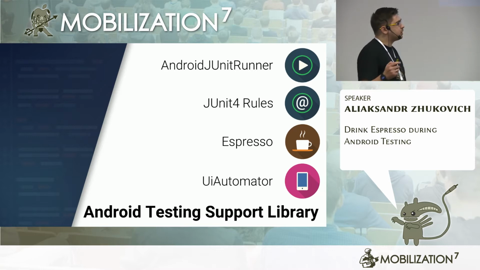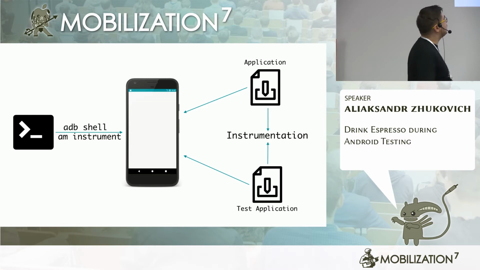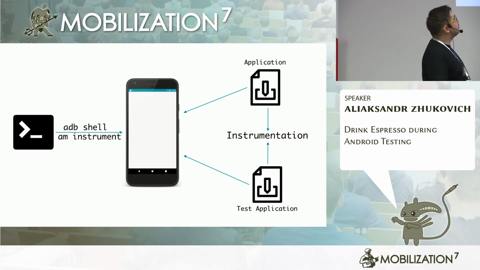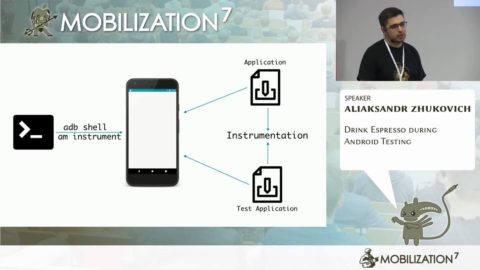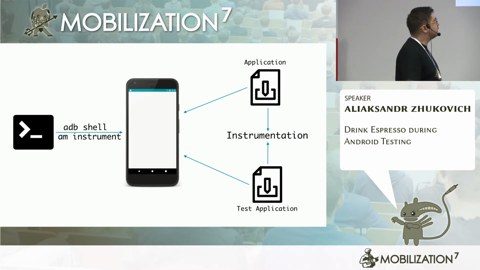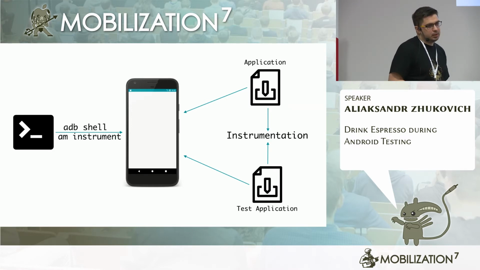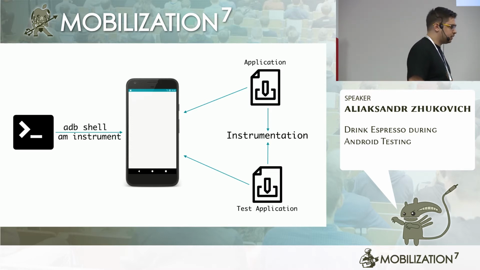Before moving to these components, let's check what is going on when we press the Run Test button in Android Studio. Under the hood, Android Studio calls the adb shell am instrument command and installs 2 applications to our device: the main application and the test application. The test application contains Android JUnit Runner, AndroidManifest, and all test cases.